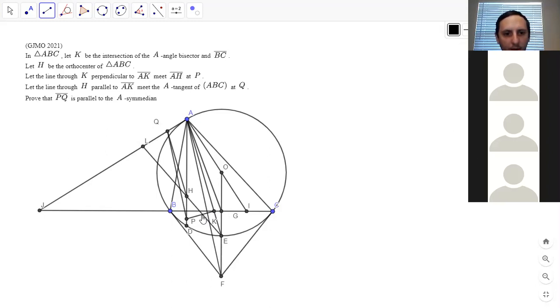So we can calculate QH. Is the idea in the end to find similar triangles? The idea is to prove that QH over HP equals AE over EF. Ah, okay. So we can calculate QH using the law of sines, and then HP.